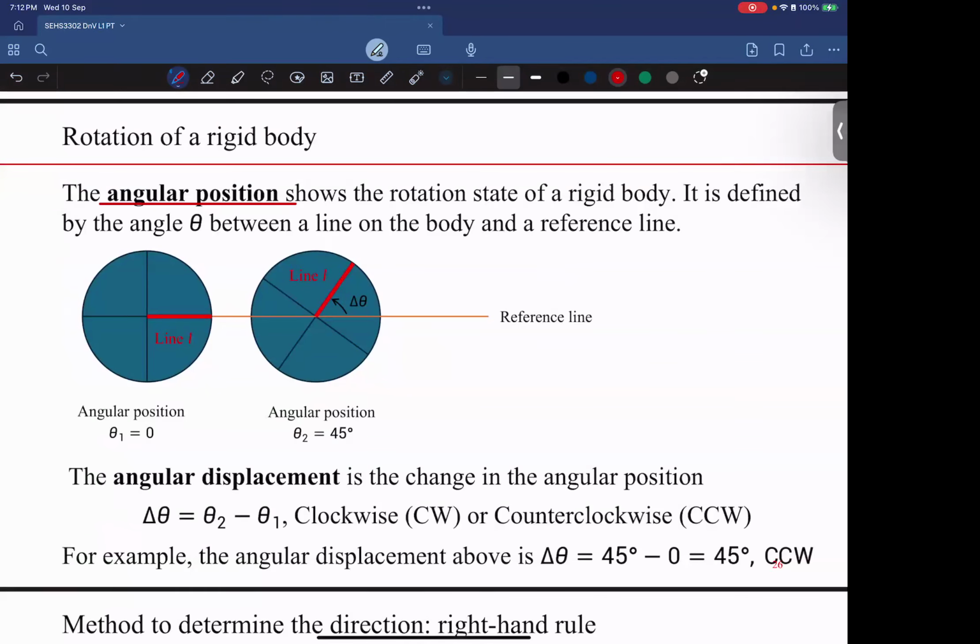So for example, we have a rotating wheel like this. Okay, so maybe we can play an animation about rotation.